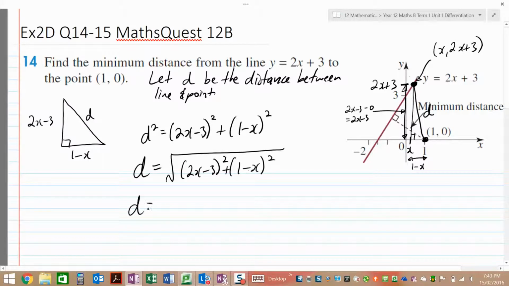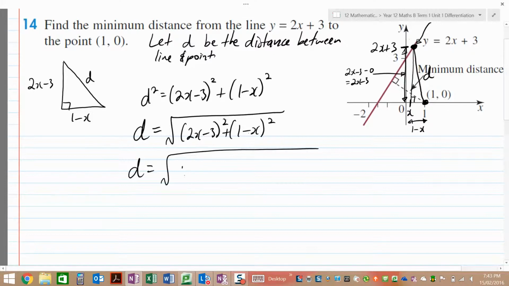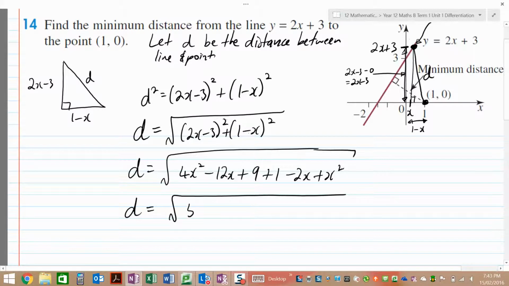Before I differentiate, I'll probably expand it and make it look nice and neat. 4x squared plus 12x plus 9, and then expand this next one, plus 1 minus 2x plus x squared. Collect like terms: 5x squared plus 10x plus 10.